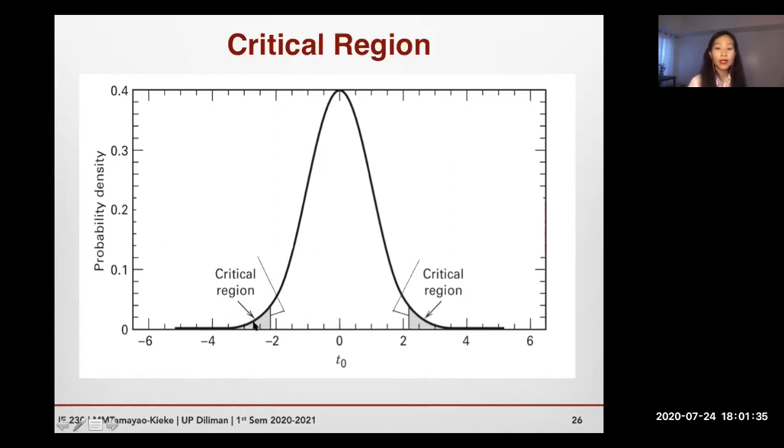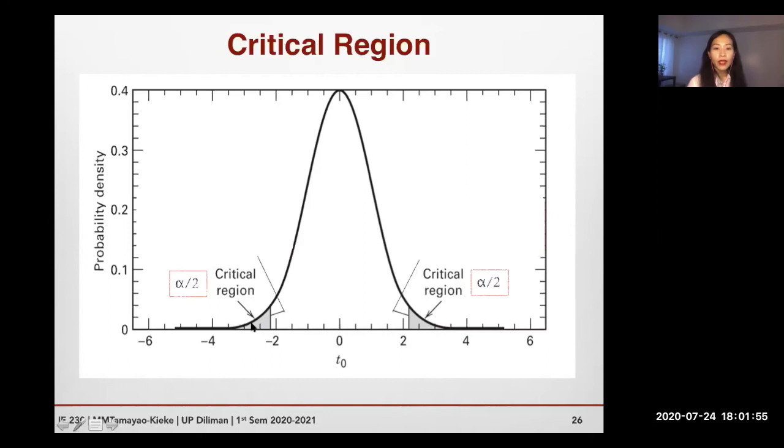The significance level. And we determine the values of the critical region such that the area of the critical region is equal to alpha.